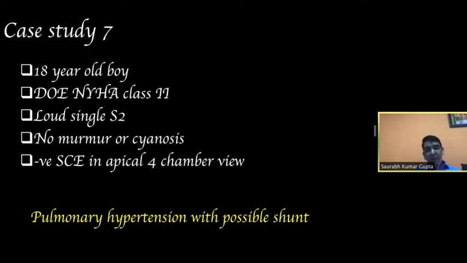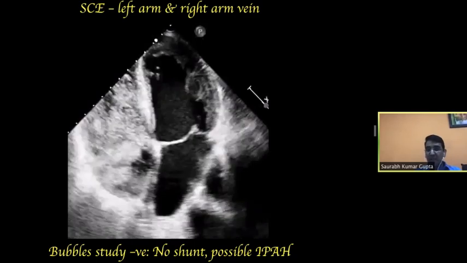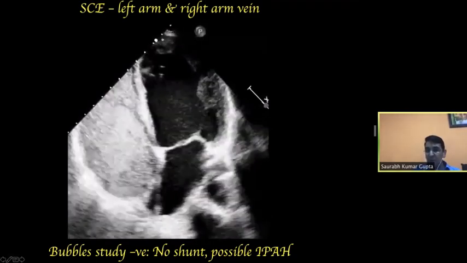Now this is case study 7: 18-year-old boy, dyspnea on exertion class 2, loud single S2, no murmur, no cyanosis, negative saline contrast in apical 4-chamber view. So the clinical diagnosis was pulmonary hypertension with possible shunt. This is the echo of this patient.